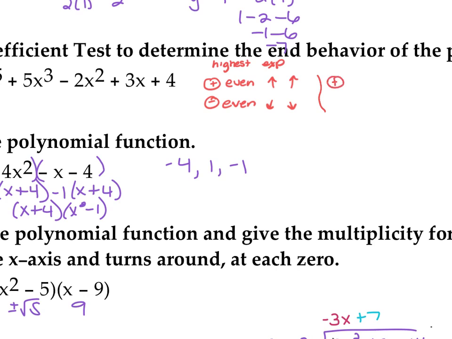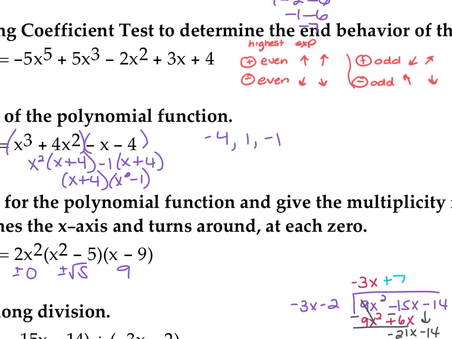If it's positive and odd, then it points up to the right and down to the left, or rises right, falls left. And if it's odd and negative, then it rises to the left and falls to the right. So in this case, you look for the highest exponent, which is first. It's odd, which means one's going up, one's going down. And it's negative, which means the left side is rising and the right side is falling.